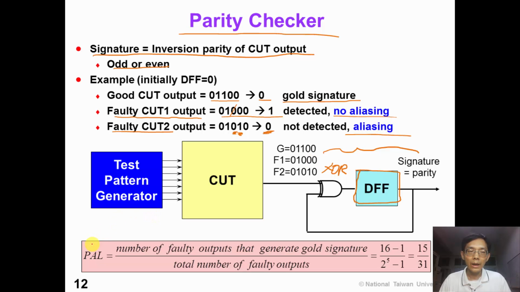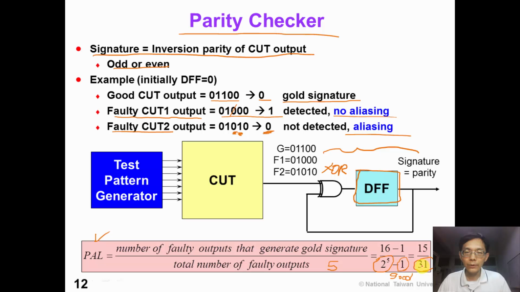For this ORA, let's calculate the PAL. The number of total faulty outputs is equal to 2 to the power of 5, where 5 is the length of the output bit stream, minus 1, which accounts for the good output. The other 31 output bit streams are faulty.